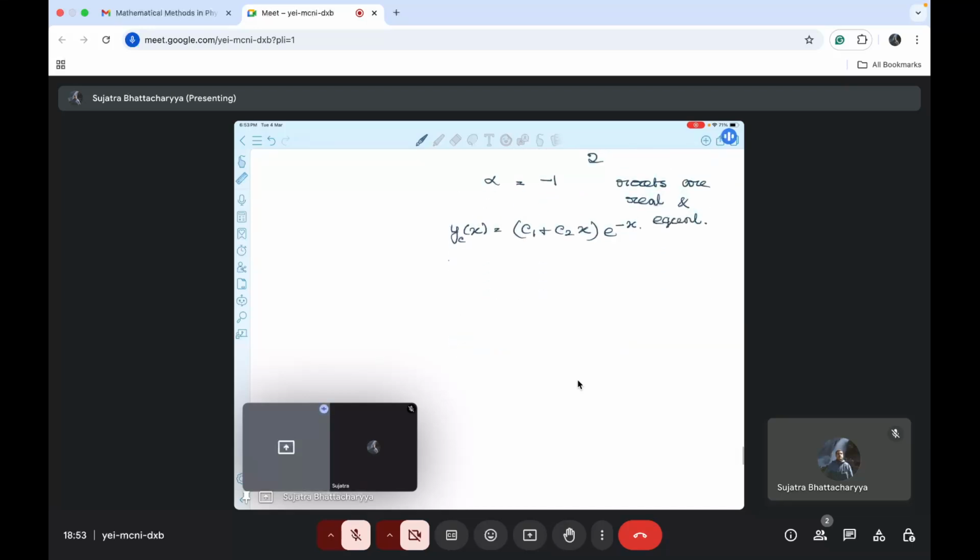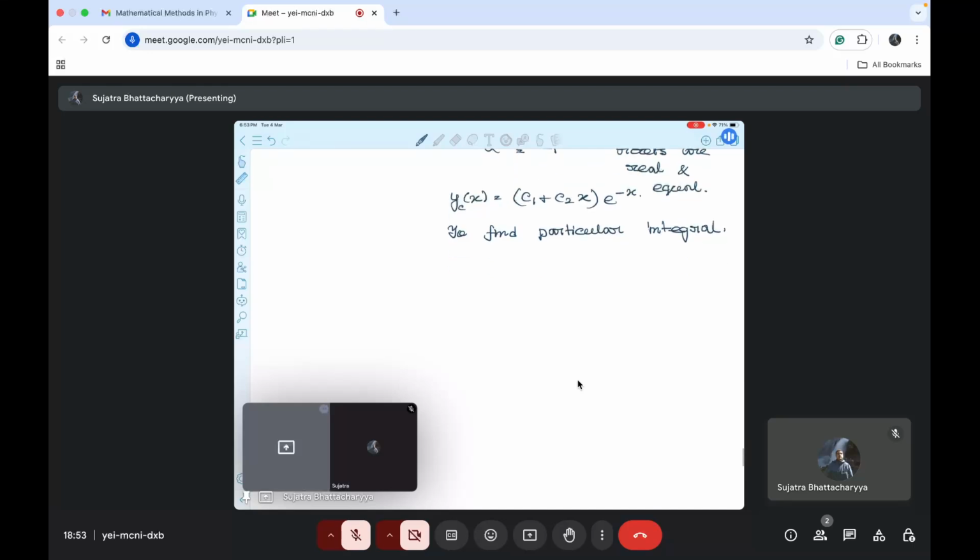Now to find the particular integral. Okay, so for the particular integral, reduce it into some kind of a function of D. So D square plus 2D plus 1 yp is equal to x. So yp is equal to x divided by some function of D, which is this D square plus 2D plus 1.